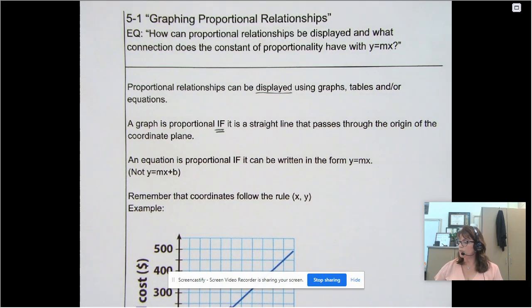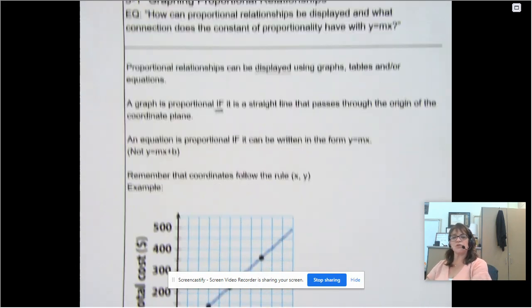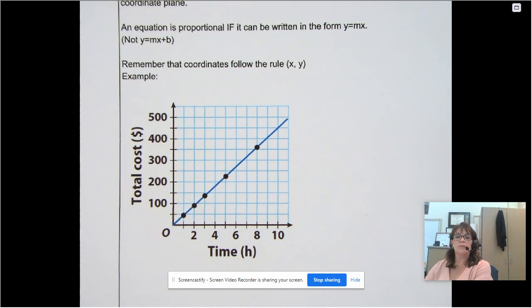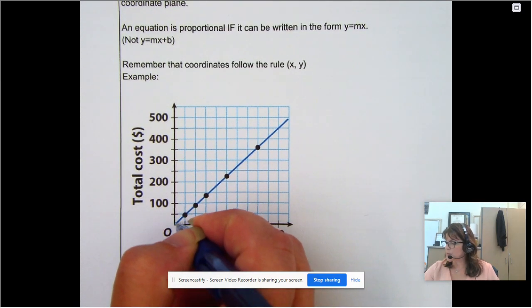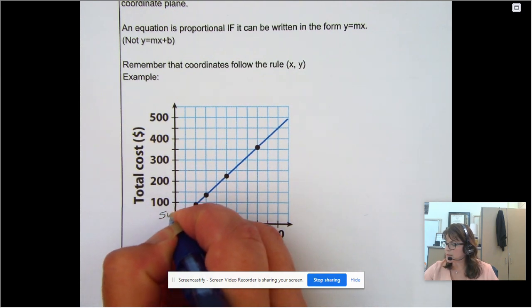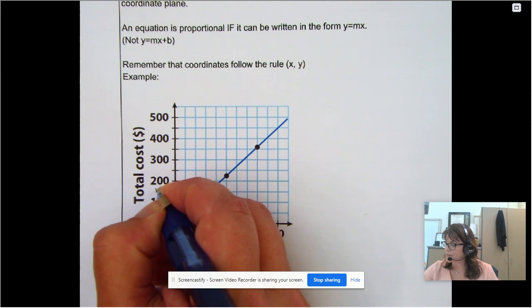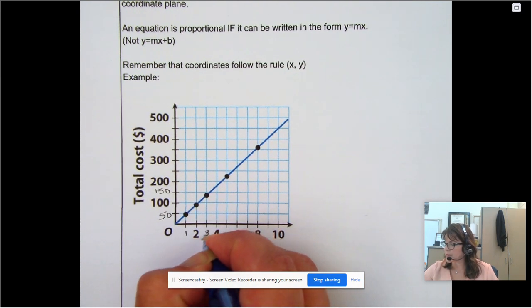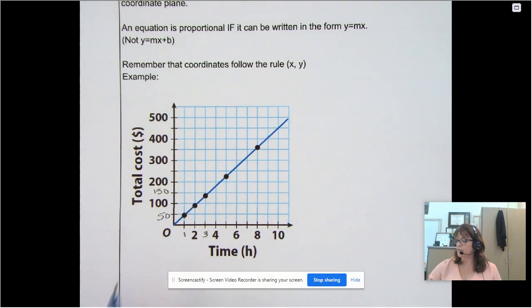All right. So, starting with just kind of a what if. Right here, we have some coordinates. If I went up here, this would be 50, 100, 150. The hours would be 1, 2, 3, 4. So go ahead and fill that in your notes.